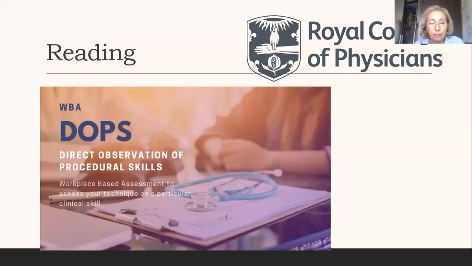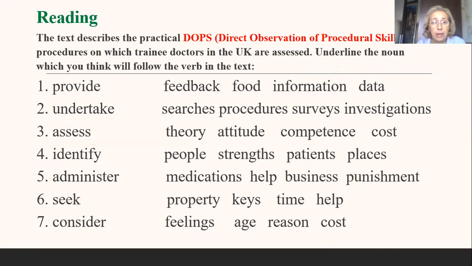These processes are supervised by the Royal College of Physicians, the British College. And here's the logo of this college. Now, before we read the text, we should focus on the following task on this slide.